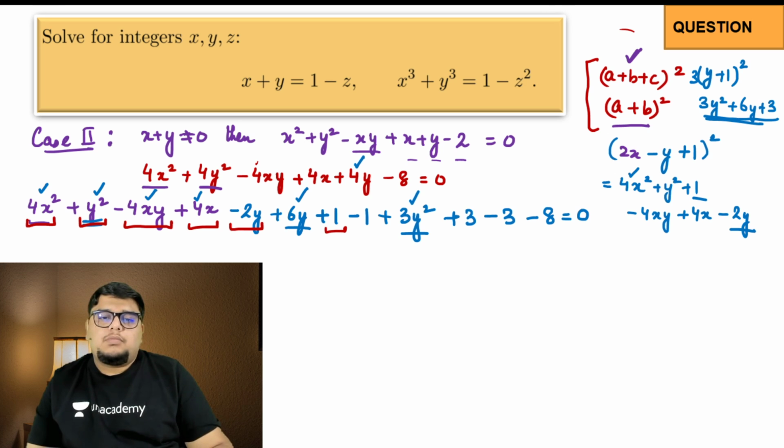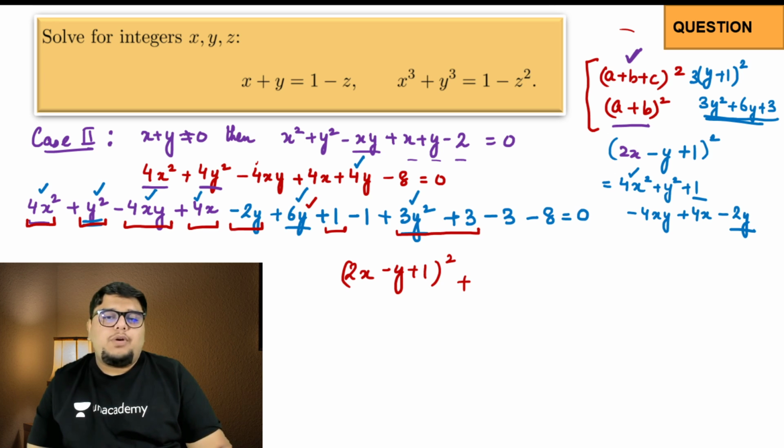This will become, I'm writing it here, this will become 2x minus y plus 1 whole square, right? What are the things which are left? We have 3y square plus 3 and 6y. I'm going to take 3 common from it and I can write it as y plus 1 whole square.